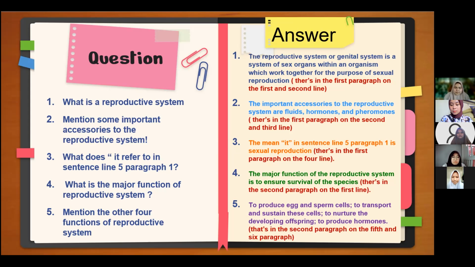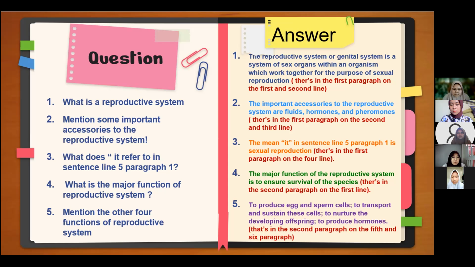Number 2, mention some important accessories to the reproductive system. The important accessories to the reproductive system are fluid, hormones, and pheromones. That's in the first paragraph on the second and third line.